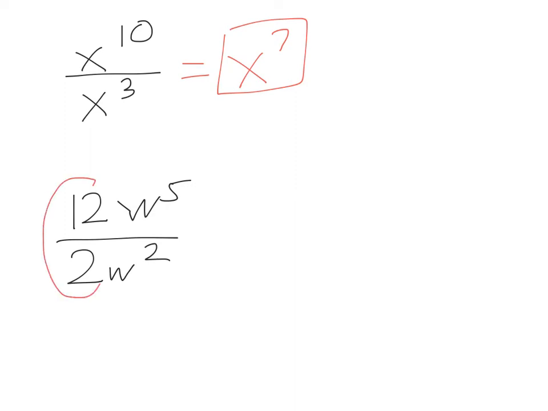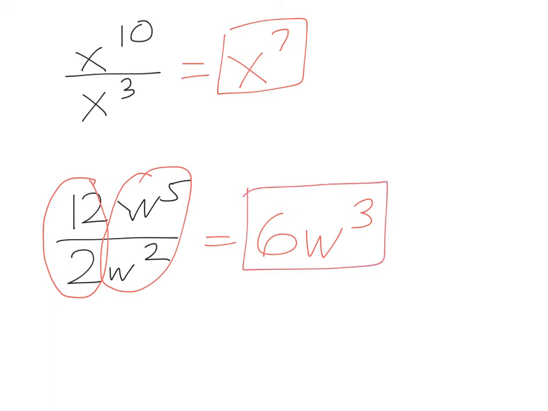And 12 over 2 is really just 12 divided by 2. That's 6. Then w to the 5th over w squared, subtract the exponents, and I get 6w cubed.